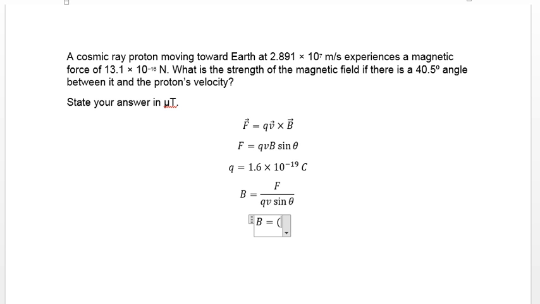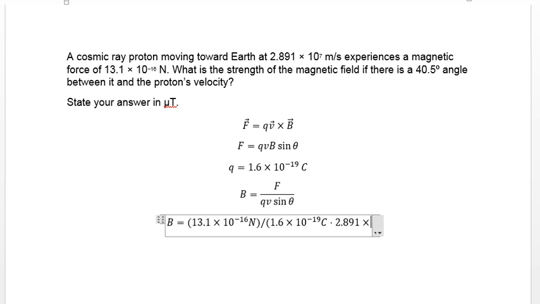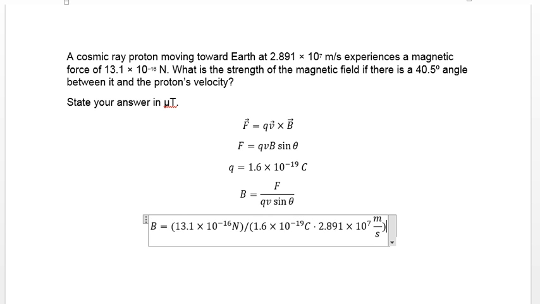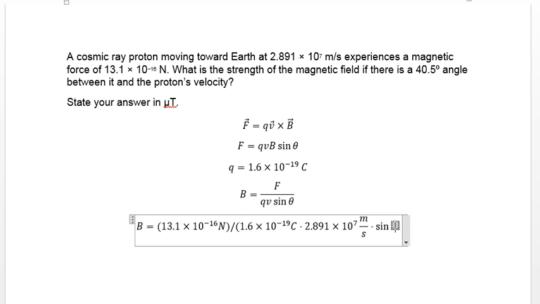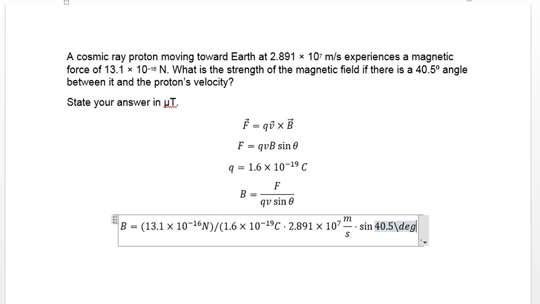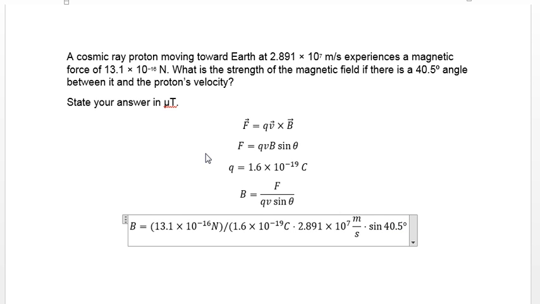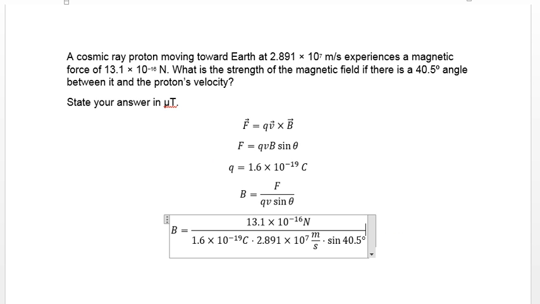So B is going to be 13.1 times 10 to the minus 16 newtons divided by 1.6 times 10 to the minus 19 coulombs times 2.891 times 10 to the 7th meters per second times sine of 40.5 degrees. All right, so pretty simple problem in the end.